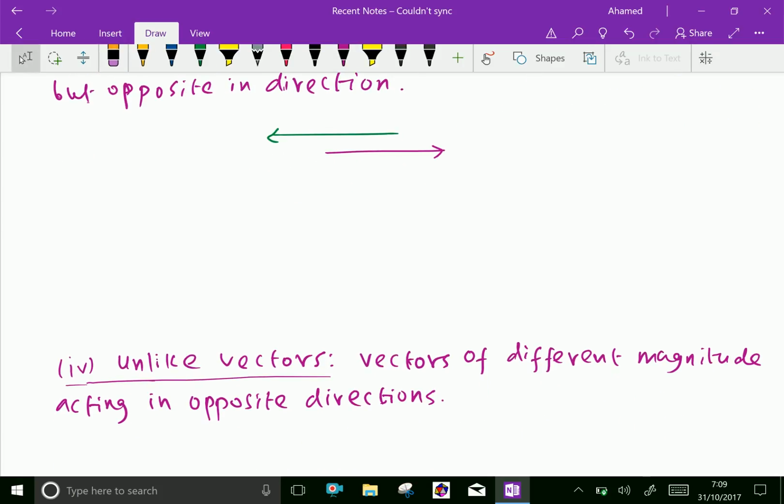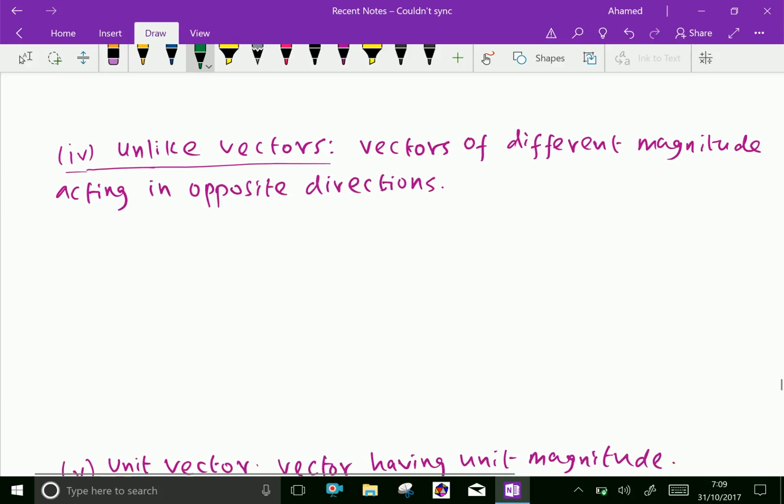Next, unlike vectors. Vectors of different magnitude acting in opposite directions. Here one vector is going like this, another vector is going like this direction. Both magnitudes are different as well as the directions are opposite.